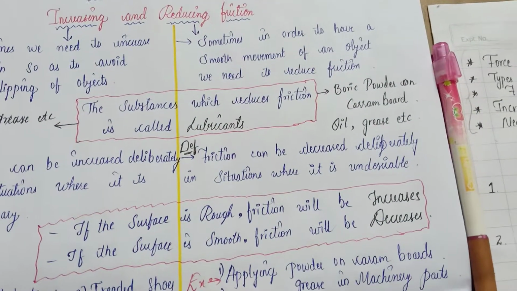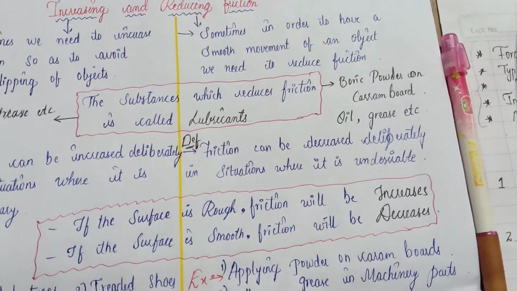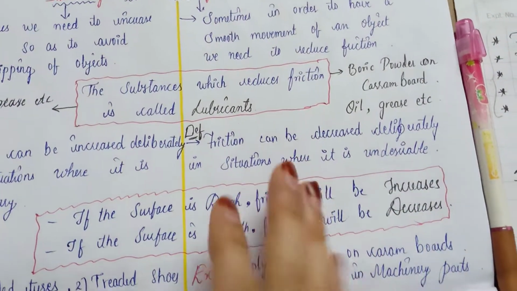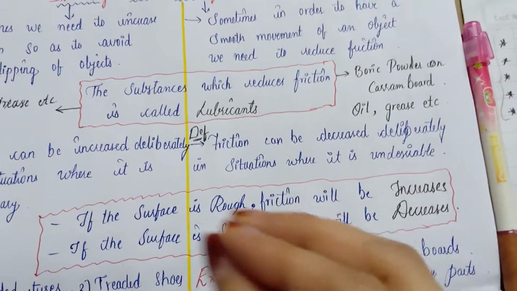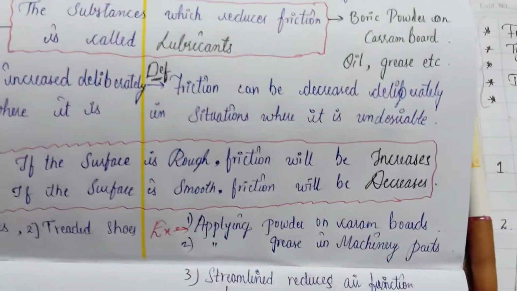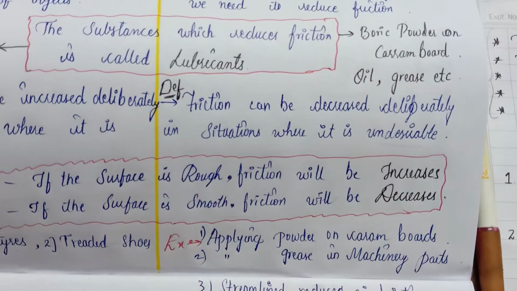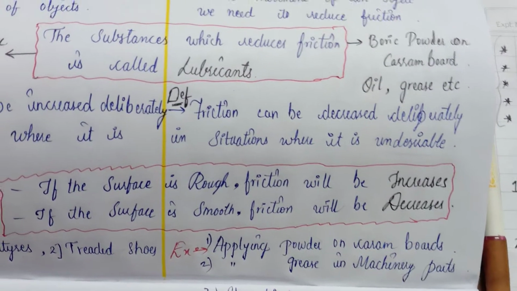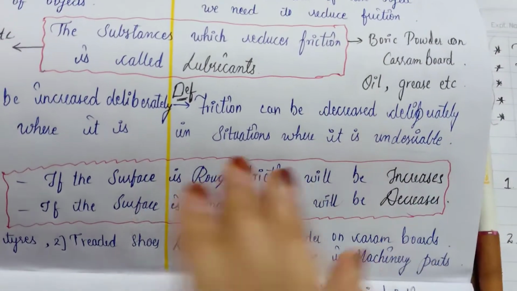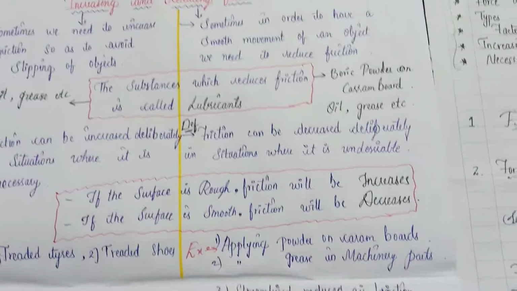Rubber can increase friction on the wet floor. These rubber slippers are specially meant for increasing friction when we are in washrooms.